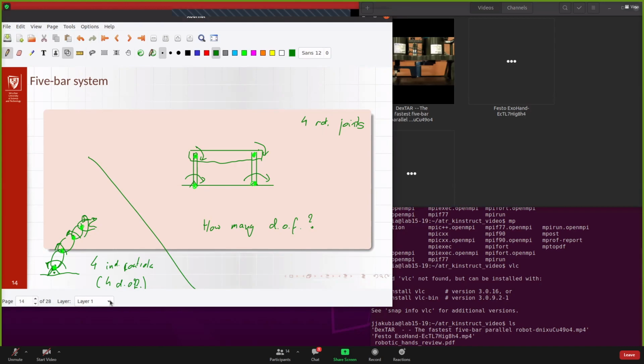But what happens when we attach one end? We attach the second end, the end effector, to the ground, so it gets fixed to that point. What happens? Let's look at this object and ask, can we move it at all? Is it zero or not?